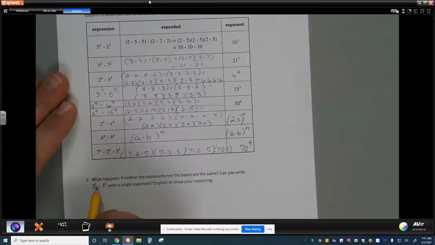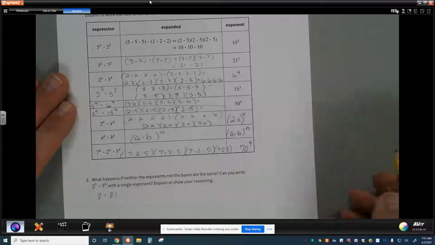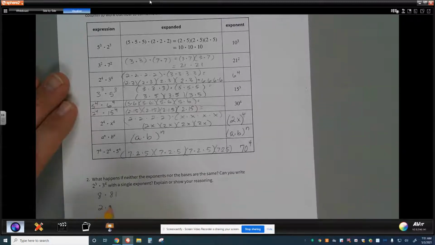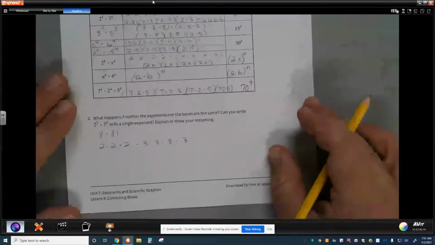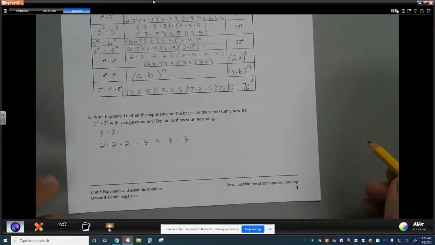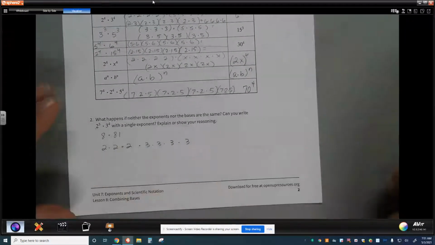So what if I look at this and I see 8 times 3 to the fourth power is 81. Maybe I can think about this as 2 times 2 times 2 times 3 times 3 times 3 times 3. What you'll notice with this is all just multiplication straight out across.